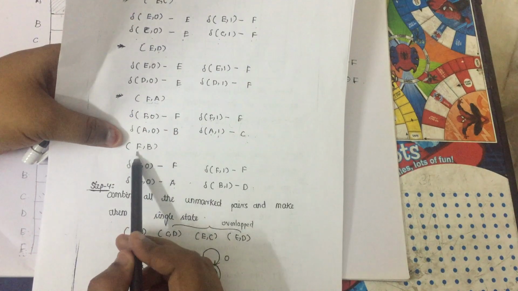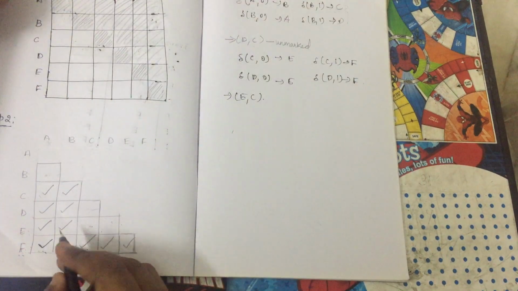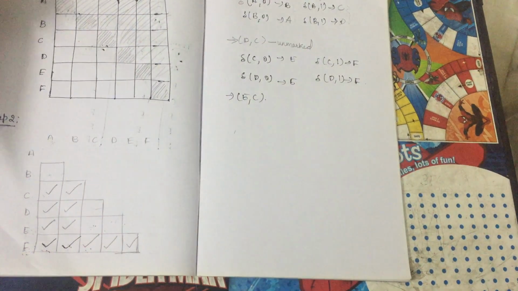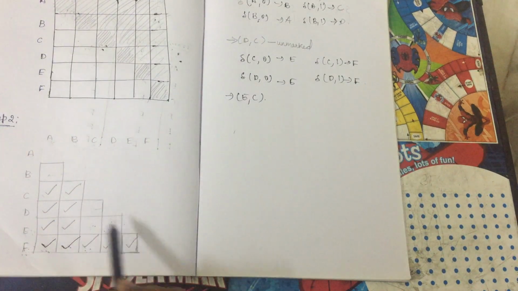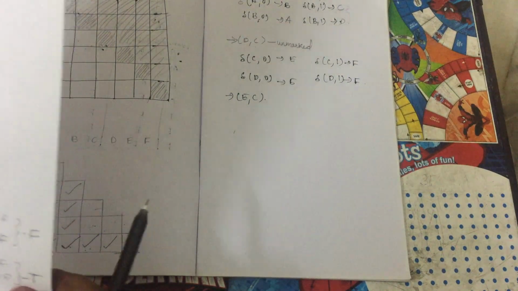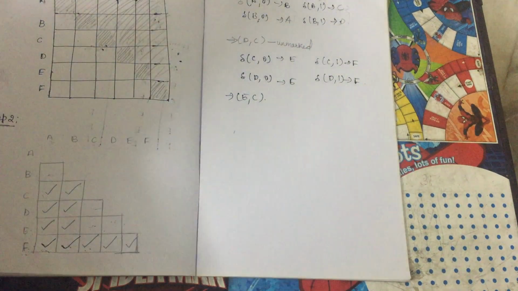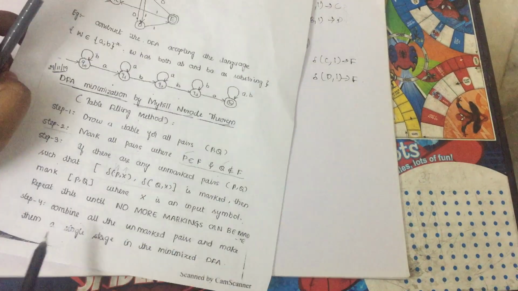So as this is ticked, we need to mark the pair F and B. That means F and B cell has to be marked. So in this manner, we have checked all the unmarked cells also. So we completed step 3.